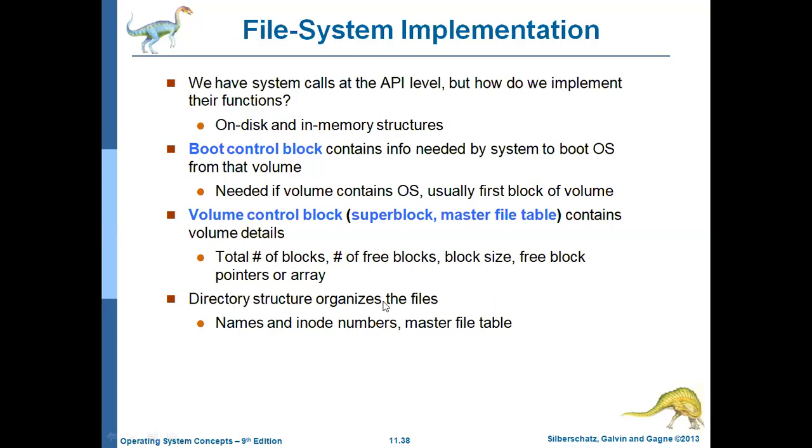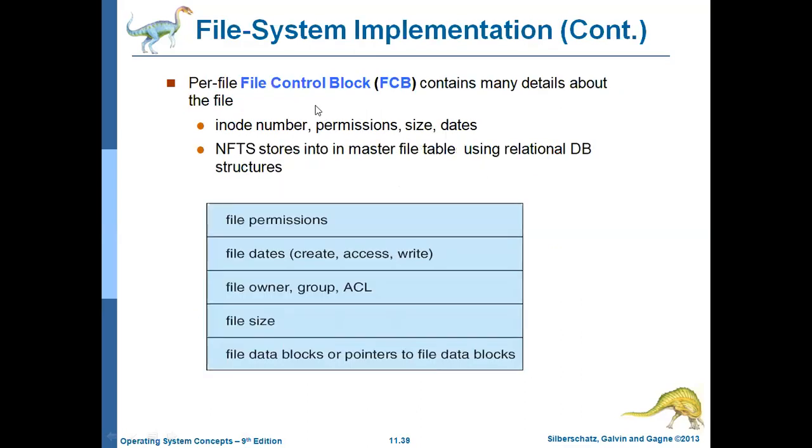Next, the directory structure is the one which organizes these files. Every directory structure has file names, inode numbers, and a master file table. Now let us look in detail at the FCB. Every file has a file control block. The information regarding a file is stored, and that storage of information is called the file control block.